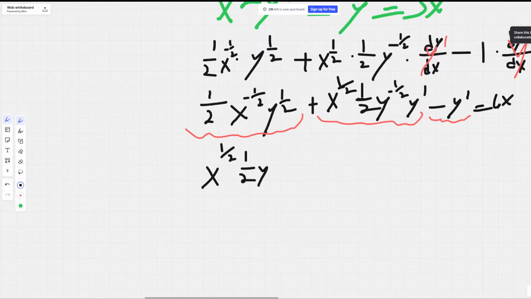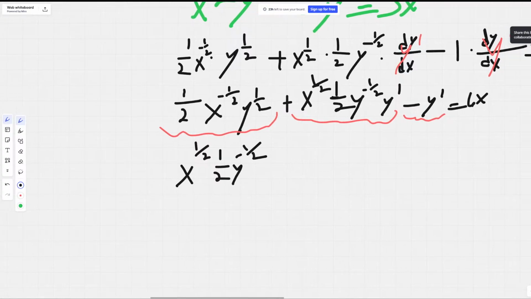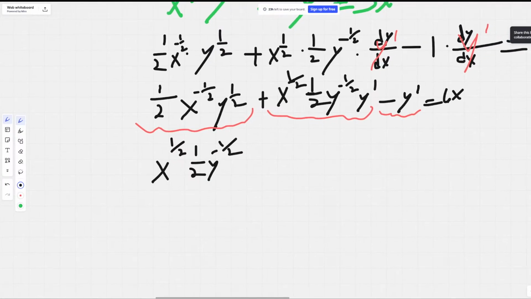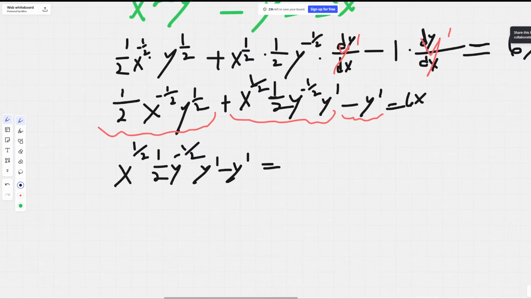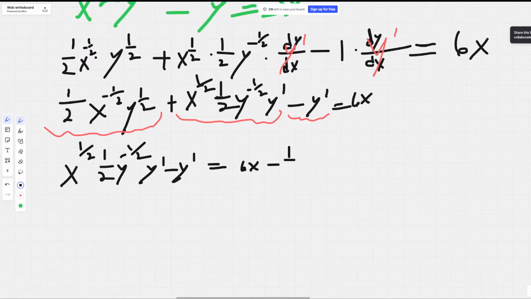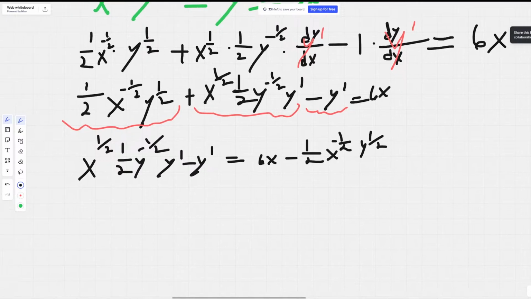Half y^-1/2 y prime minus y prime equals 6x minus 1/2 x^-1/2 y^1/2.